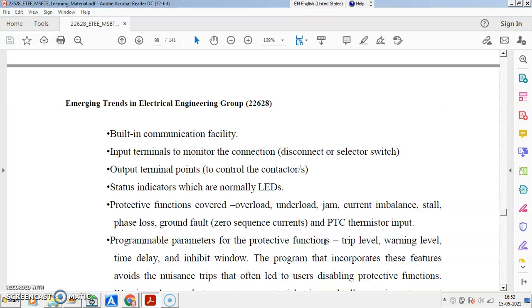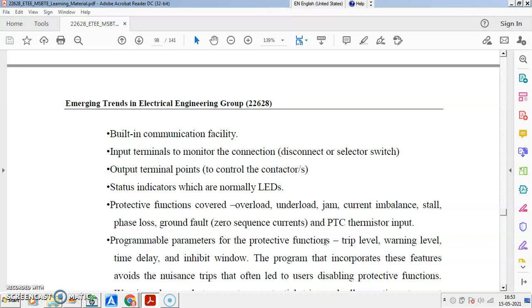You may use microprocessors, microcontrollers, digital computers, C language, other computer languages, or specially developed software for programming the parameters of the relay, like trip levels, warning levels, time delays, inhibit windows, whatever program incorporations.